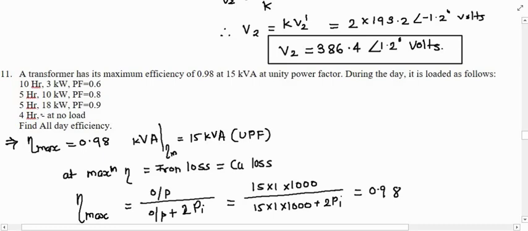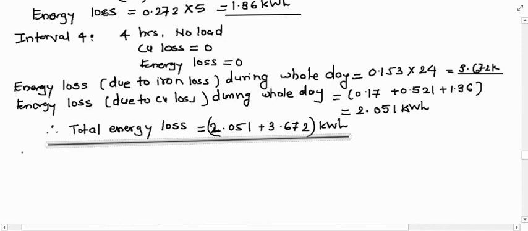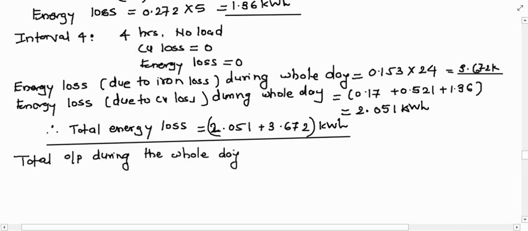So total output during the whole day equals 3 into 10 plus 10 into 5 plus 18 into 5, which equals 170 kWh.